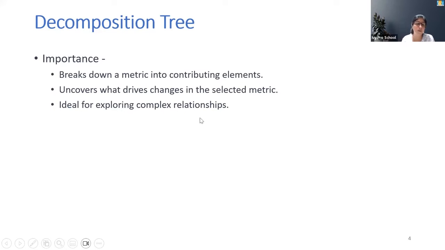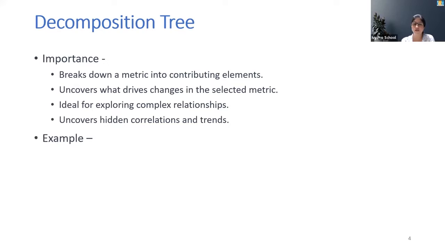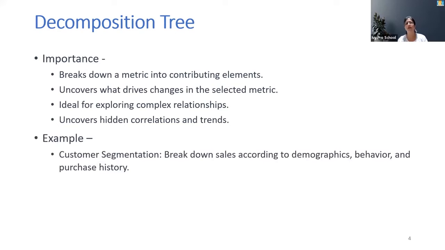It helps us to explore complex relationships. Sometimes we might not create a direct relationship between variables. Doing this exercise helps us to be more open, put more thought into it, put more fields into it, and uncovers hidden correlations and trends. An example could be customer segmentation.